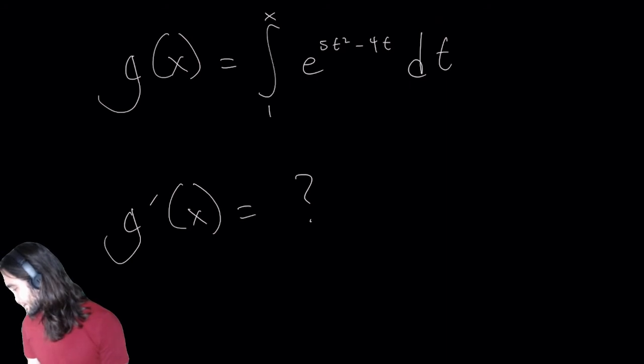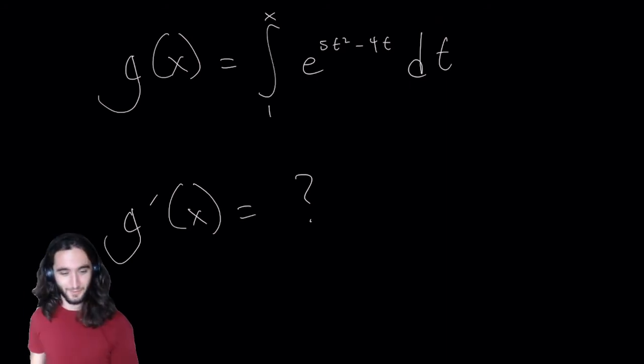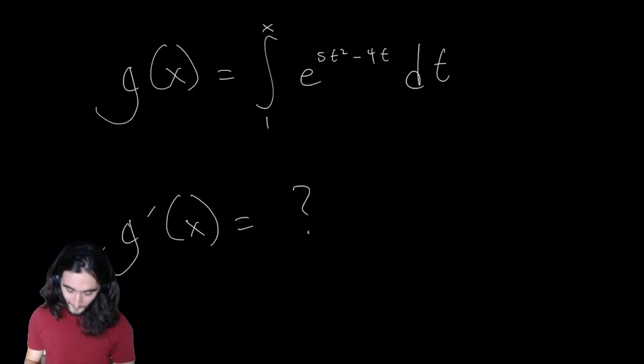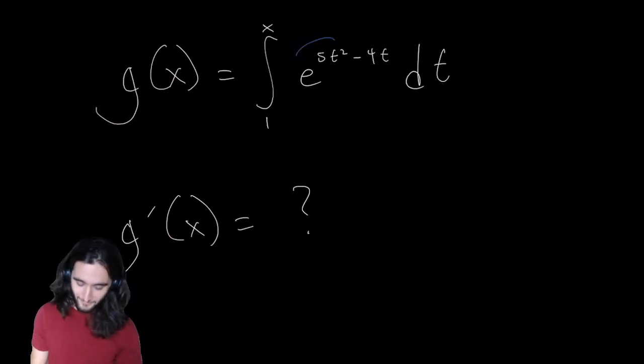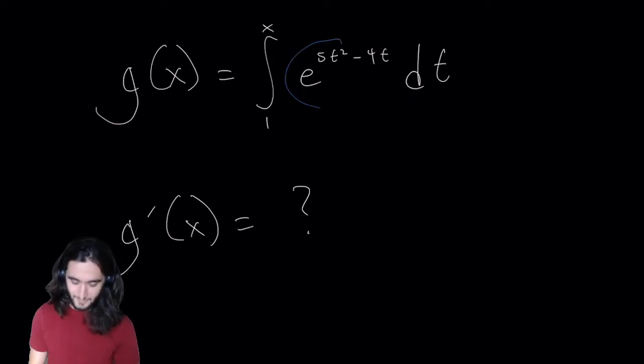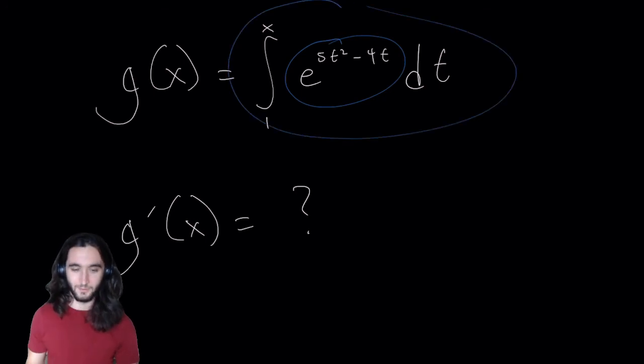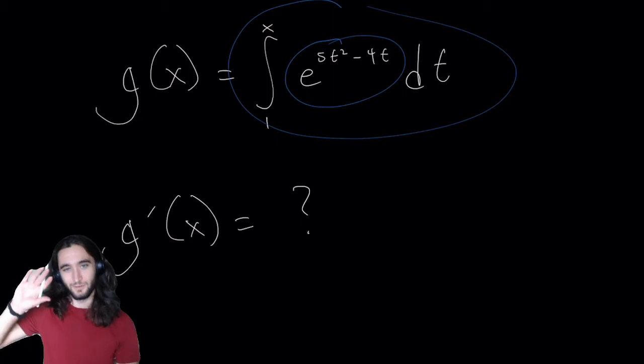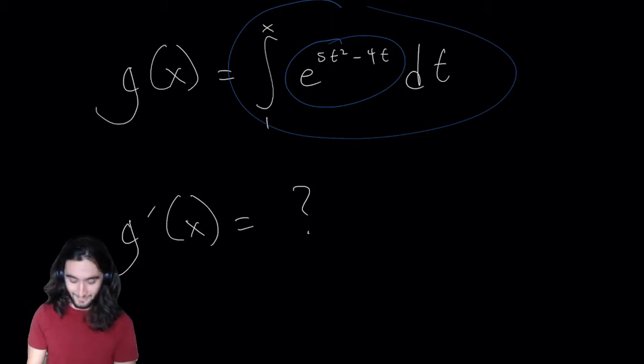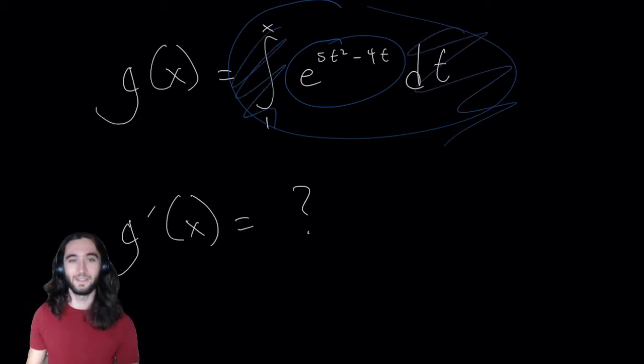So g prime, right? What's the derivative of this? Well, if you're super comfortable with the fundamental theorem of calculus, you might already know the answer. You just say, well, look, we have this function on the inside. We're doing the integral of that with x as the upper bound. And so if you do the derivative of that, that's just going to cancel with the integral.